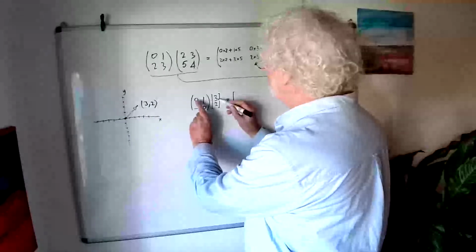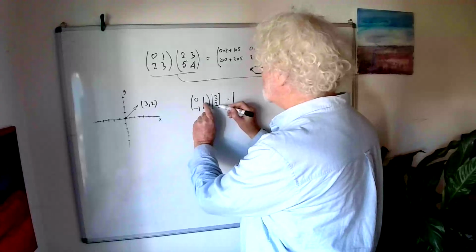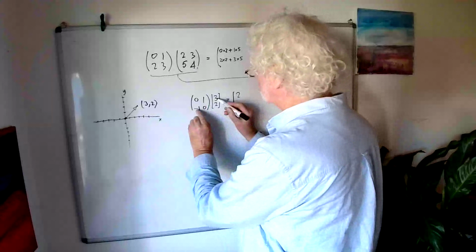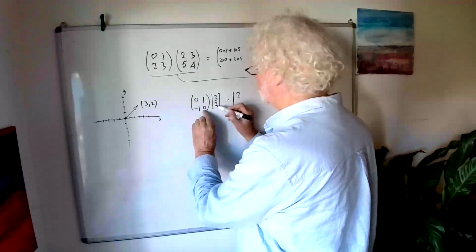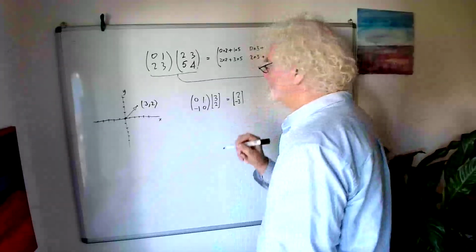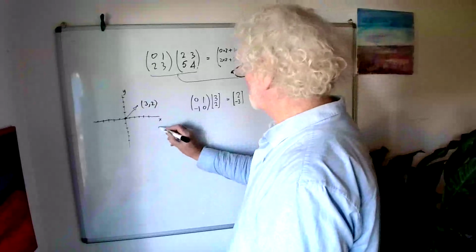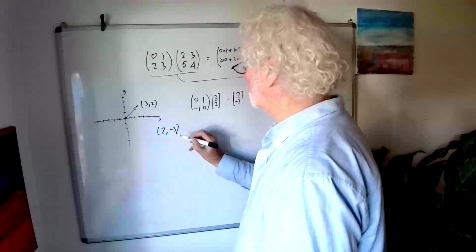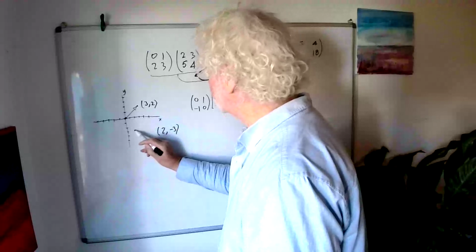So here we go. 0 times 3 plus 1 times 2. So that's a 2. Minus 3 times 0 plus 0. Minus 3. So the new point is 2, minus 3, which is that far out and that far down. It's there.